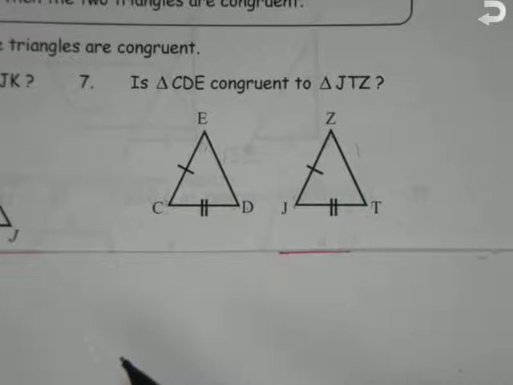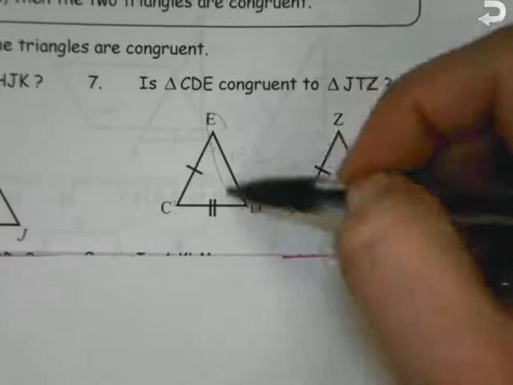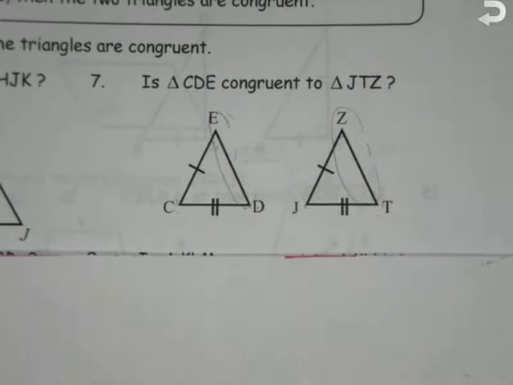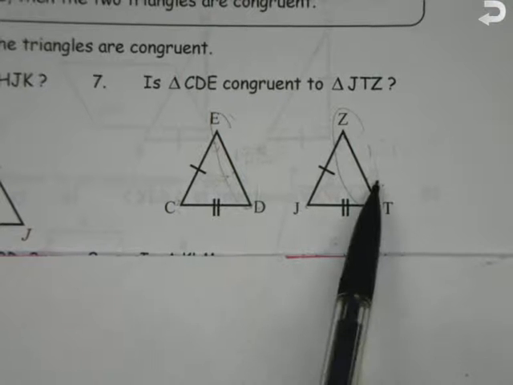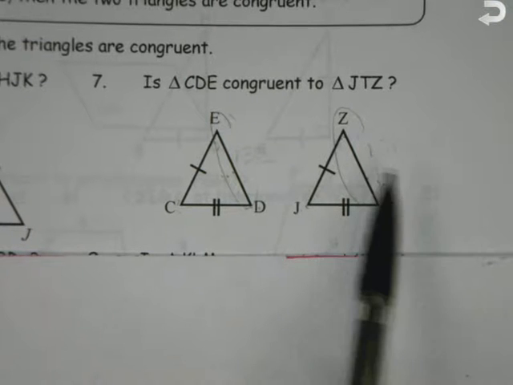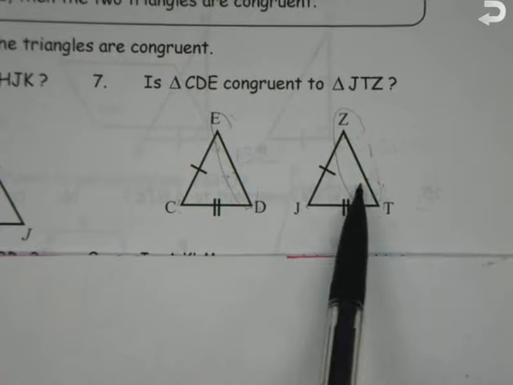Not quite. The order doesn't really matter, but you're correct about the marks. There are no marks on this line or this line. So do I know for sure that these two are the same length? No, they do not. Just because they look the same length, that does not mean they are. No one told me they were. I cannot assume.